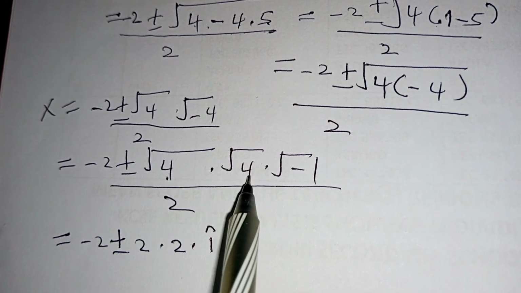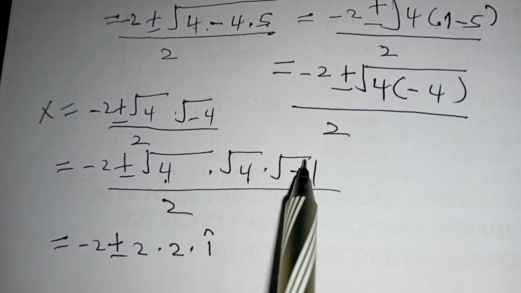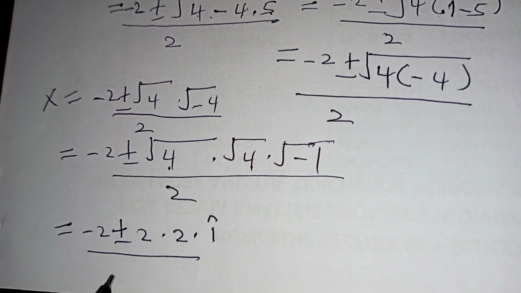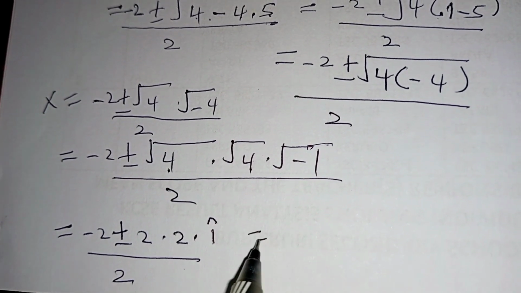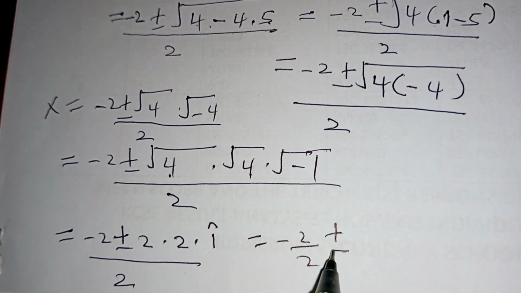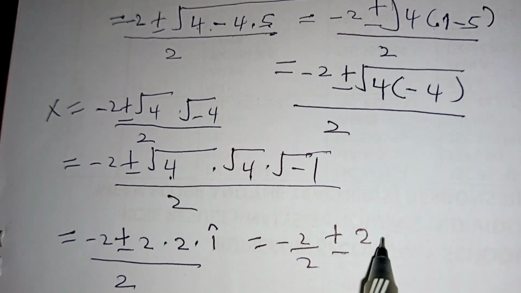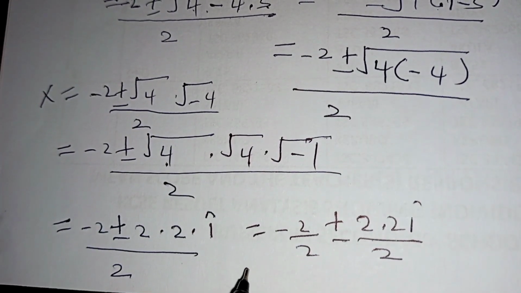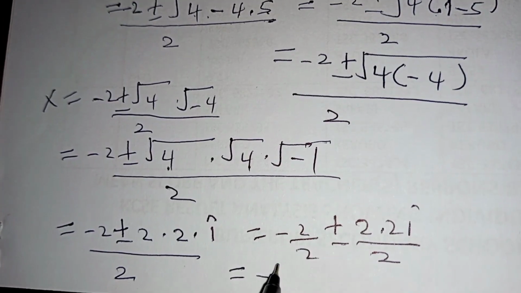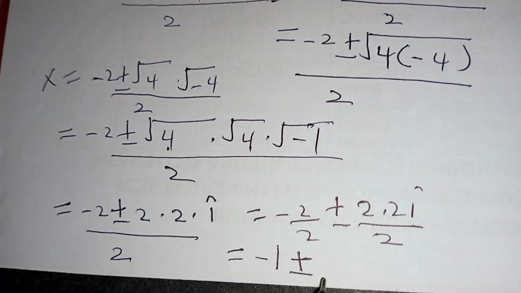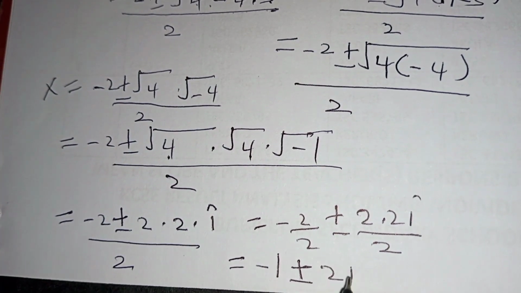The square root of 4 is 2, and the square root of negative 1 is i. So this is negative 2 plus or minus 2 multiplied by 2i, divided by 2, which is equal to negative 2 over 2 plus or minus 2 multiplied by 2i divided by 2, which is equal to negative 1 plus or minus 2i.